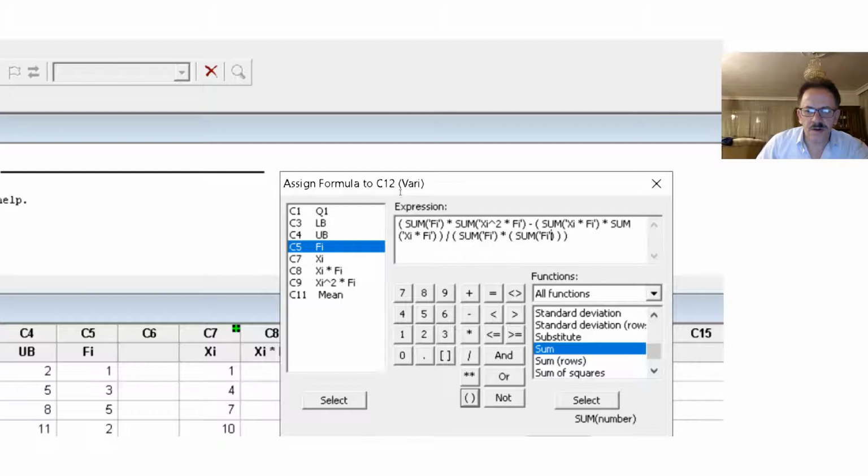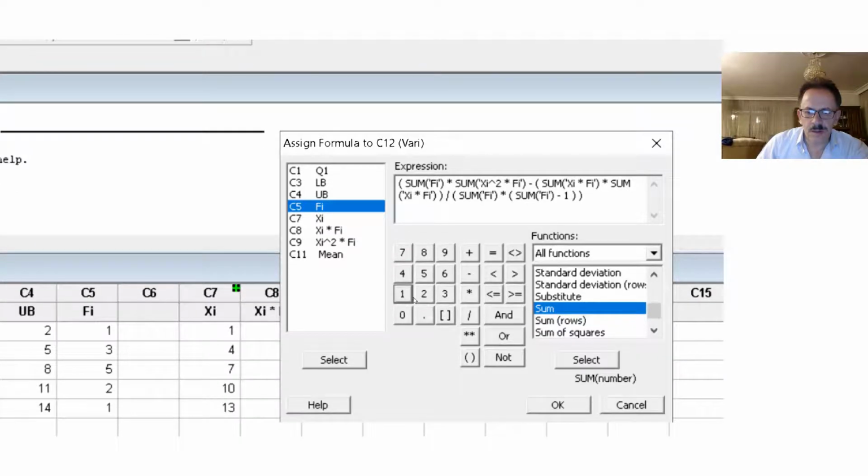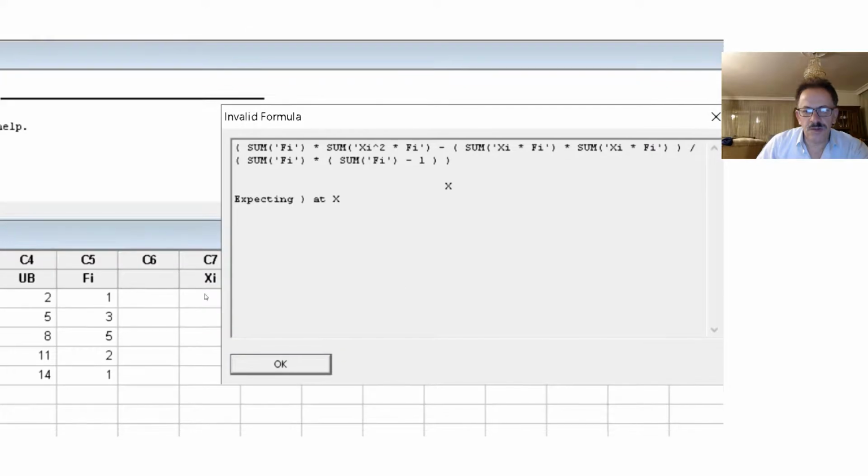The summation of fi, but minus 1. Yeah, minus 1. I think everything went smoothly, so we can check.